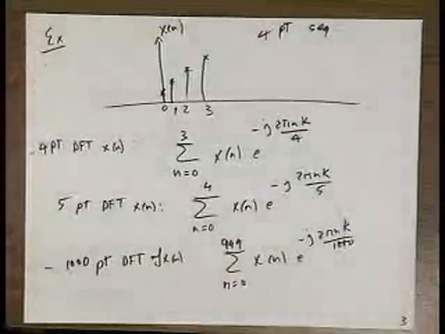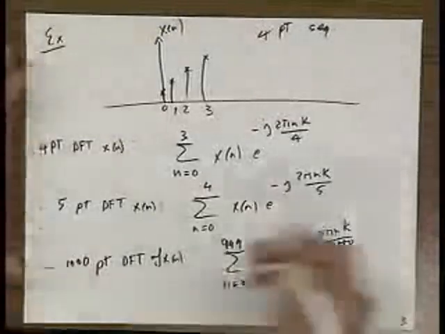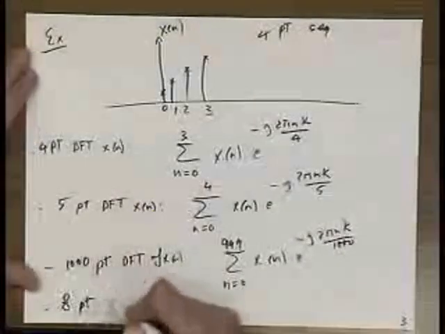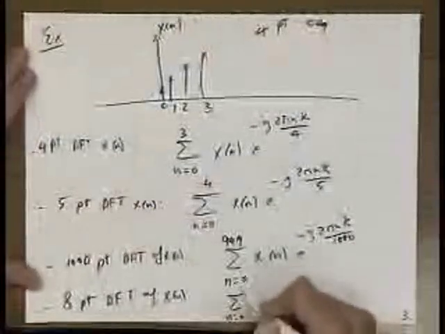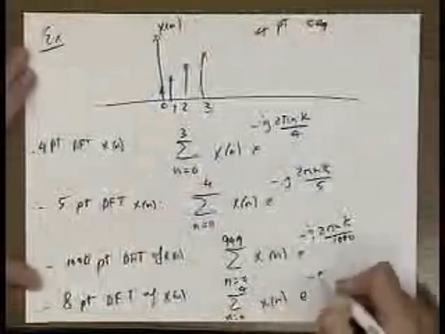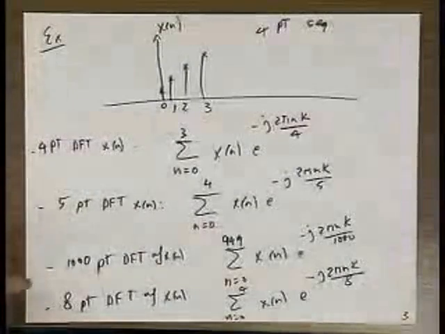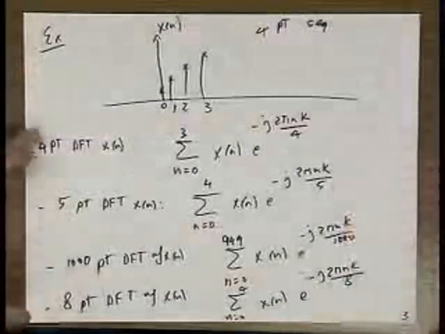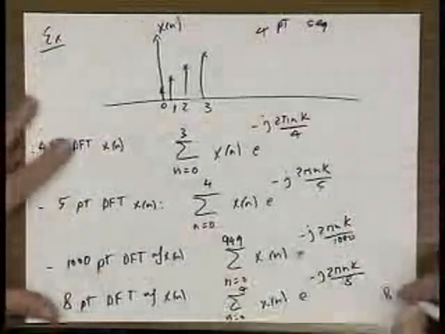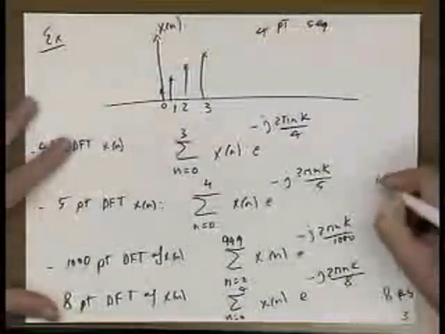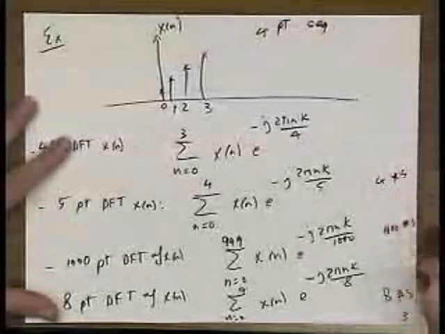And in the back of your mind, you might say, well, how are these things related to each other? Let's for completeness, also talk about the 8-point DFT of x of n. That would be summation n equals 0 to 7 x of n e to the minus j 2 pi n k over 8.